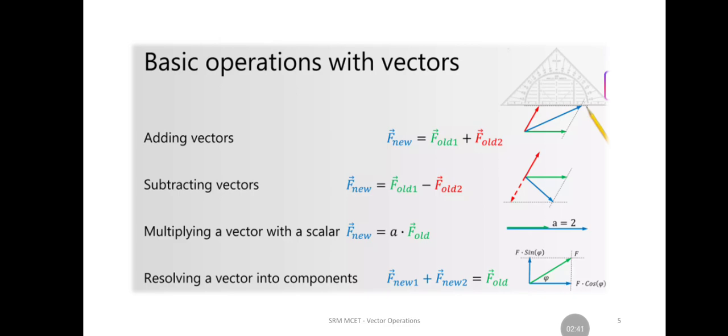So F vector is equal to F1 vector plus F2 vector, and subtraction is F vector equal to F1 vector minus F2 vector, and multiplication is a dot product. We know that F vector is equal to A dot F vector, and resolving the components, we will always resolve the inclined force into two components, that is F cos theta as well as F sin theta, as shown in this picture.